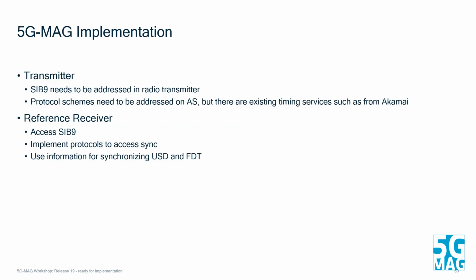So maybe it's just a signaling question if we say we logically integrate the Akamai timing service into our AS physically. And there is a reference receiver that needs to access SIB9, implement the protocols to access sync for the time synchronization, and use the information for synchronizing USD and FDT. So basically, that you interpret this accordingly.